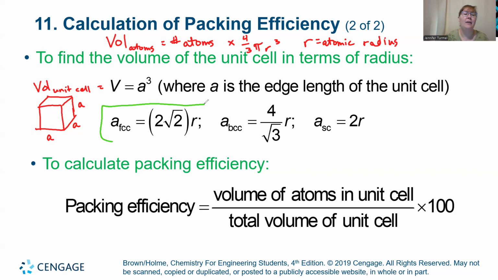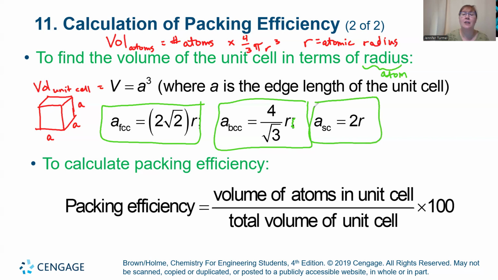The A value for a face-centered cubic is 2√2 r, where r is still the radius of the atom. The edge length of a body-centered cubic is 4 over the root 3 of r. And then we have the edge length of a simple cubic at 2r.